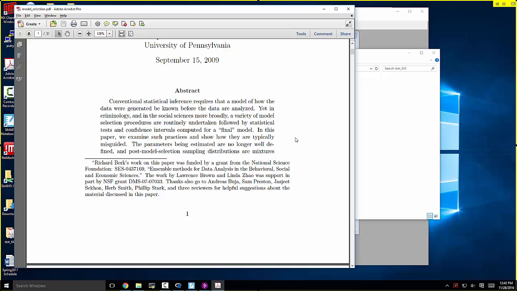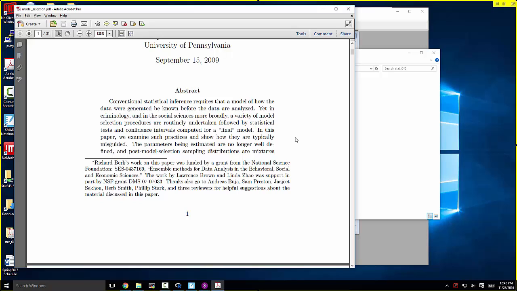The abstract: conventional statistical inference requires that a model of how the data were generated be known before the data are analyzed.